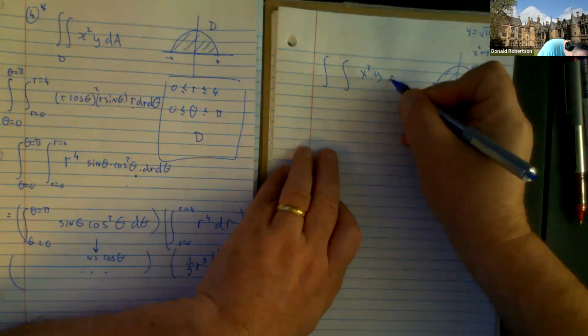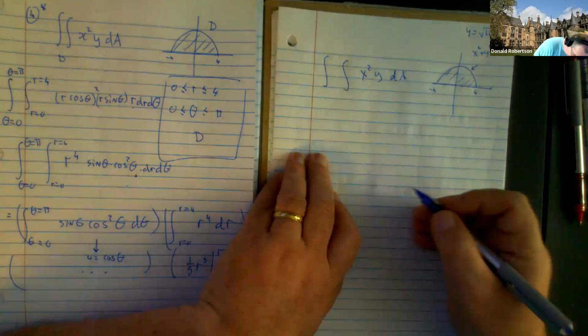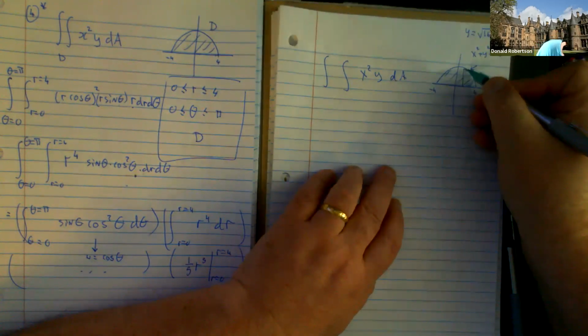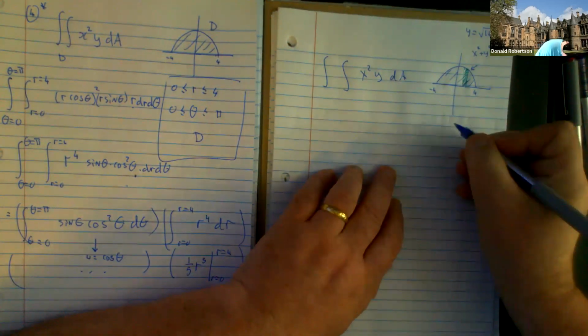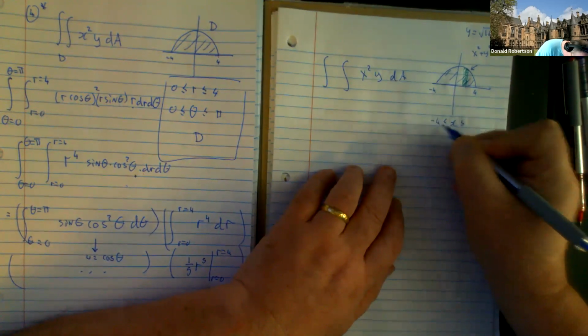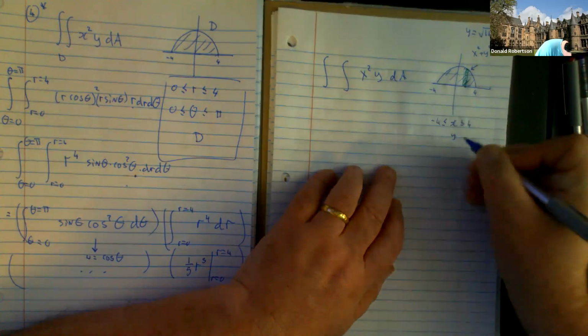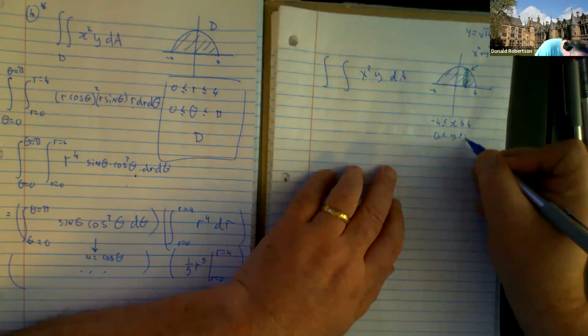So we would be doing something like this. Vertical rectangles. That would give me an x value from -4 to 4. And then the y value from 0 on the small side to this ugly guy on the top side.